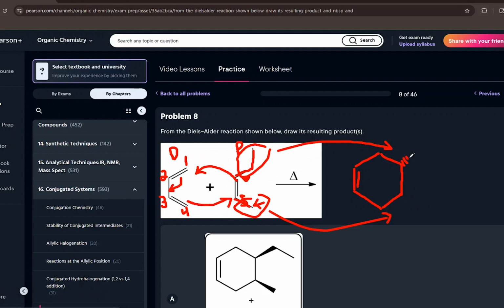We could draw this on a dash with our ethyl. And here's our methyl. Or we can also draw it on a wedge.